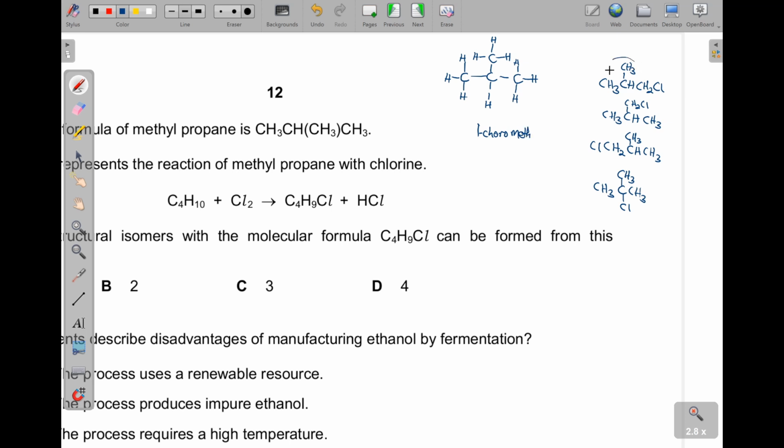I don't need to put the position of the methyl because we don't have 1-methylpropane or 2-methylpropane. If I put the methyl there, the carbon chain would grow longer. So we have 1-chloromethylpropane.